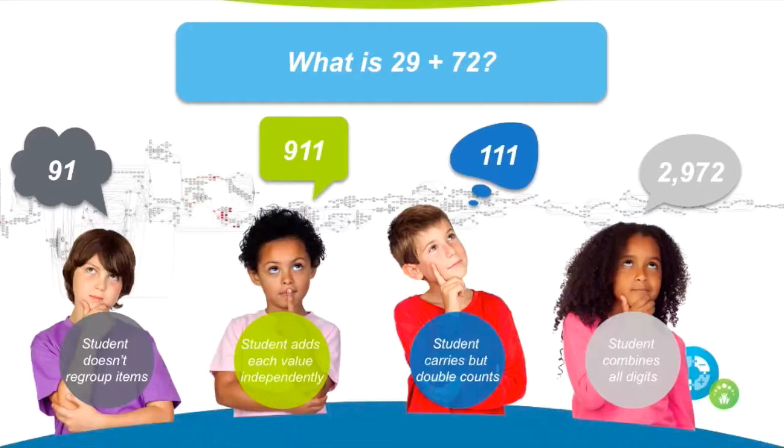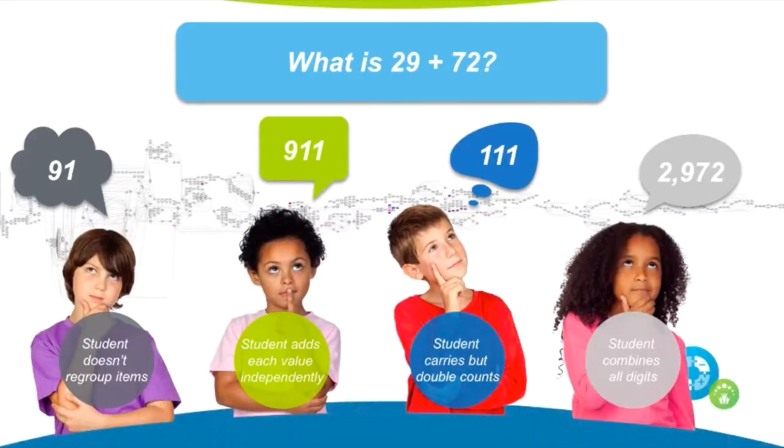So you can see that the student who answered 2,972 made a very egregious error and clearly needs some remediation in their instruction. The adaptive engine is going to recognize that error and adapt that student backwards to where she needs to be in order to gain that basic understanding of that addition algorithm.